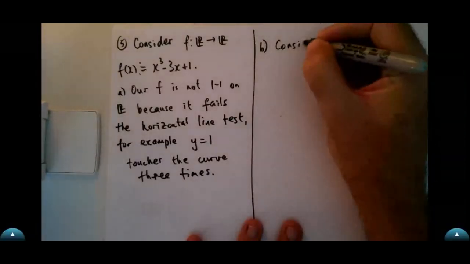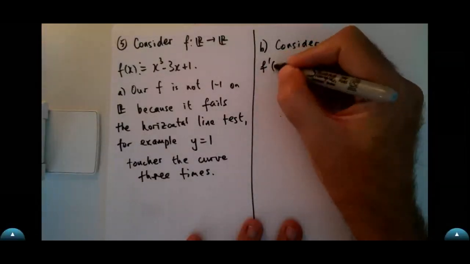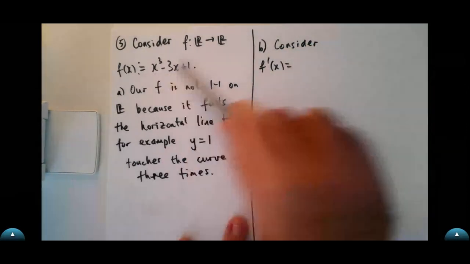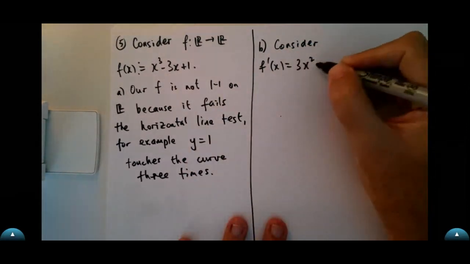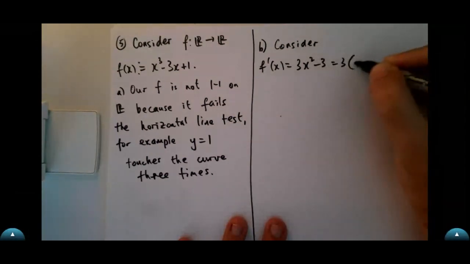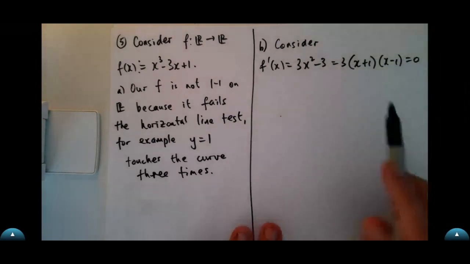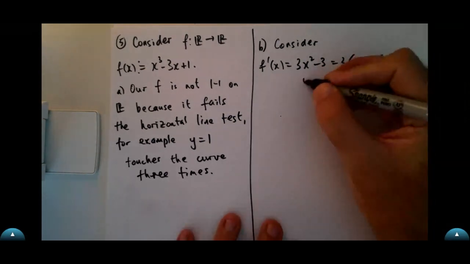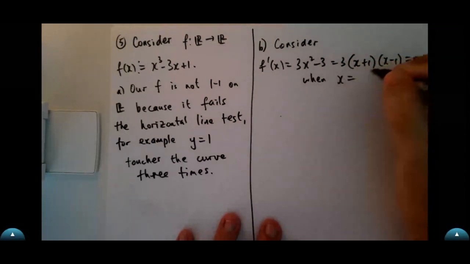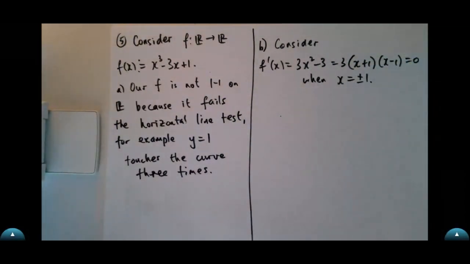Now, if you want to do this using calculus, let's see how we would do that. We would just find the turning points via differentiation. So the derivative of our function is going to be 3x squared minus 3. So our turning points are going to occur at x equals plus or minus 1.